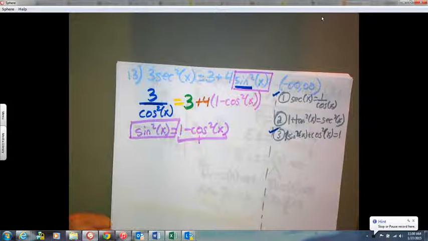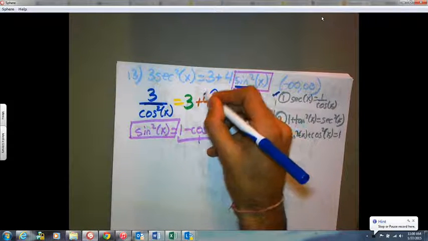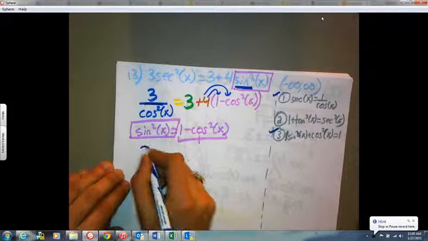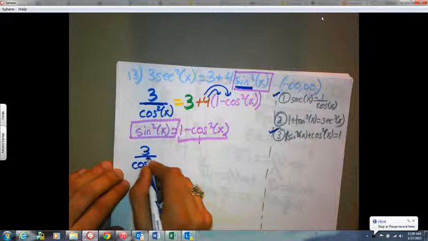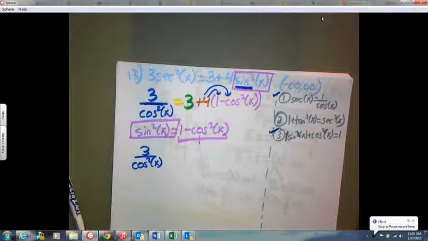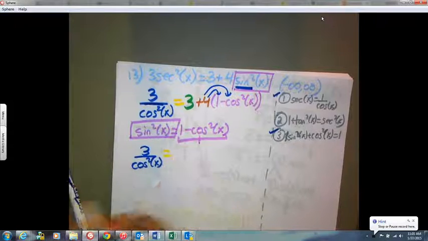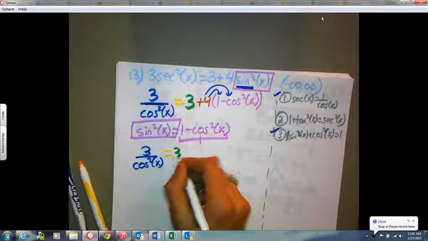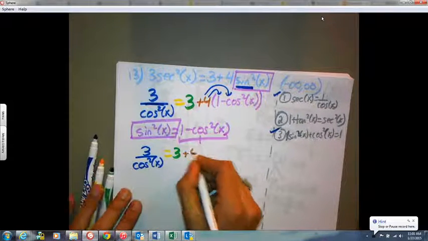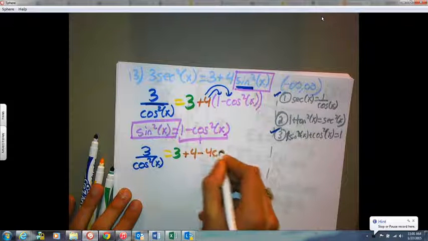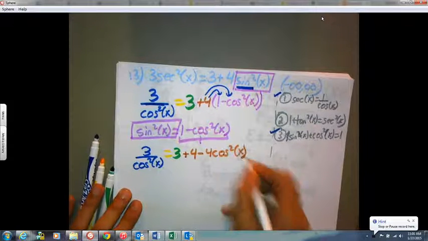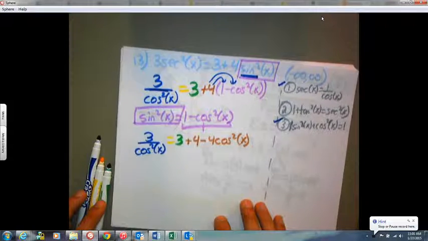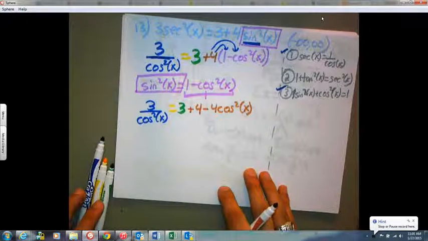Okay, I'll go ahead and distribute over here on the right. I'm going to combine like terms on the right side.